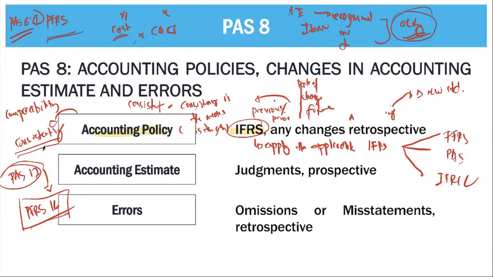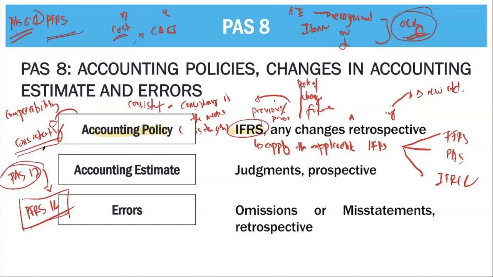If you still remember under Part 1, if there is a change in accounting policy, you must present comparative financial statements from the earliest period of change up to this period. Do you still remember that? Yes, we mentioned that before. That is now the application of this accounting policy change under PAS 8.